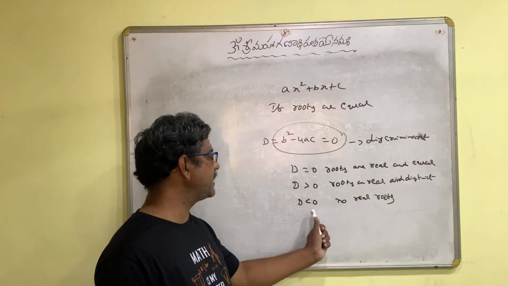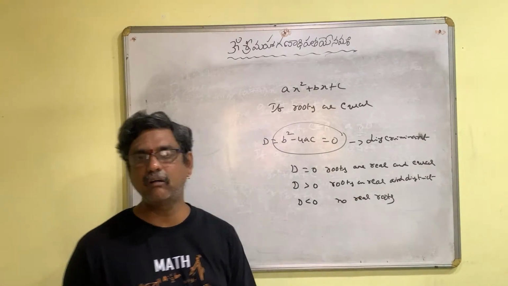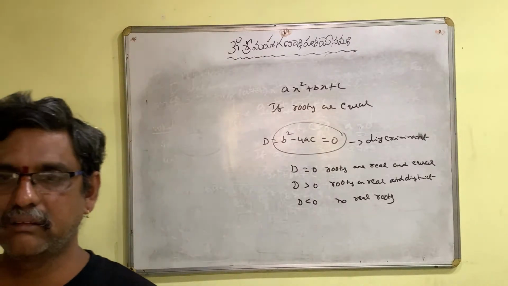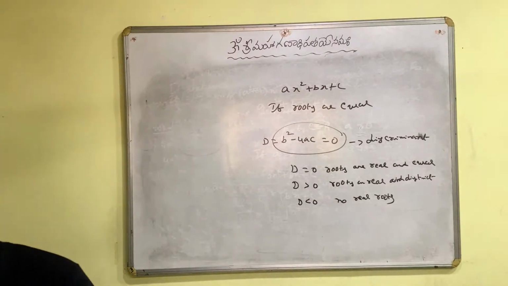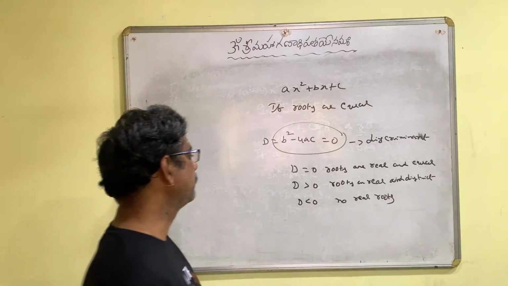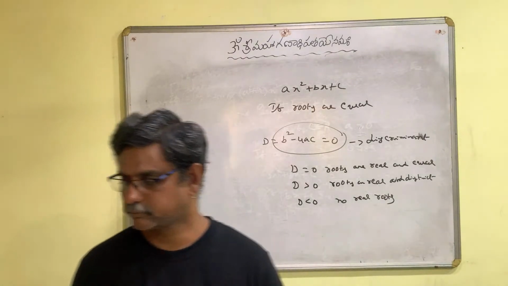D is less than 0, sorry. If D is less than 0, both the roots we will get are not real. Not real means they are imaginary roots. We can say them as imaginary roots. Note down these 3 points, children. Okay?